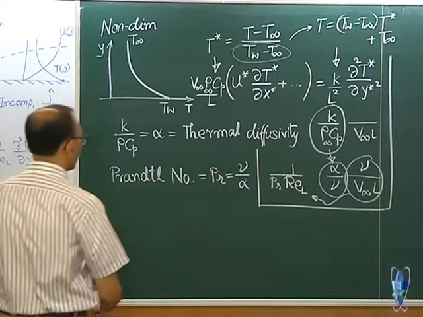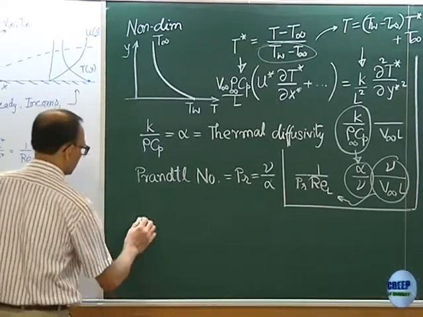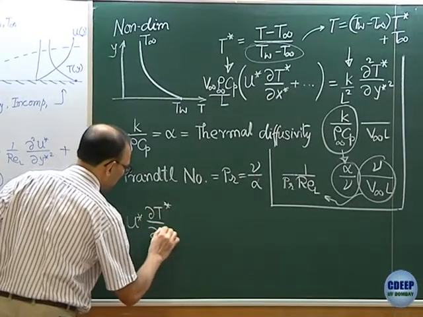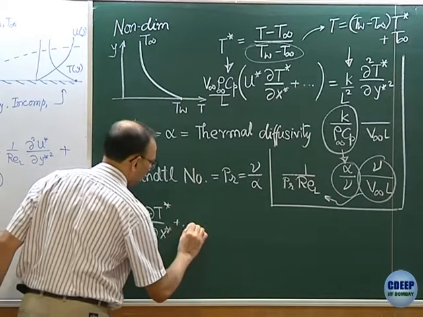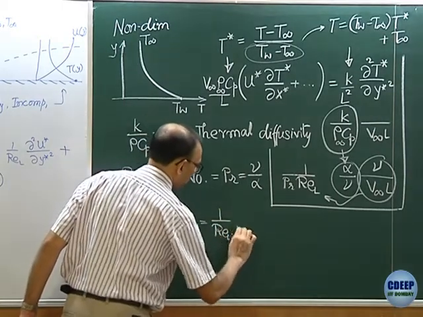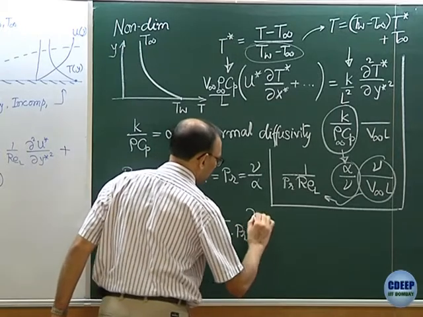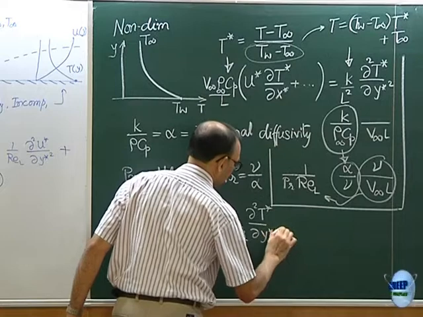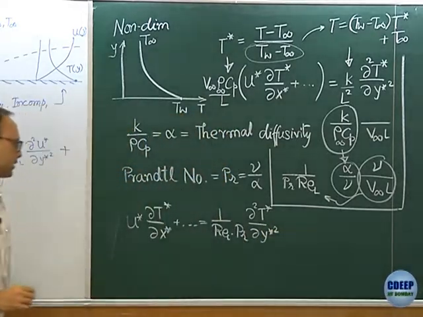Essentially, the equation you are solving is U star del T star plus the V term equal to 1 over Reynolds number Prandtl number times the temperature derivative, but all in non-dimensional form.